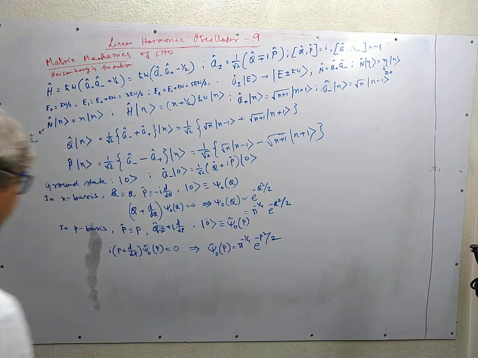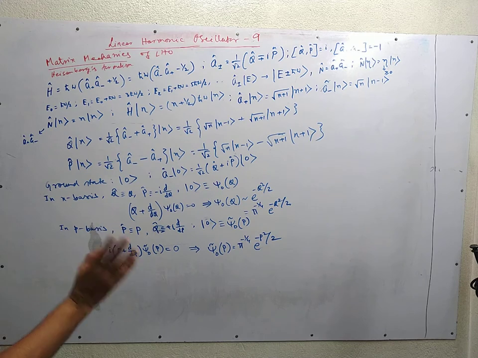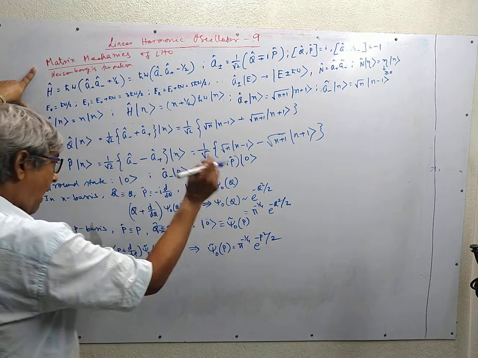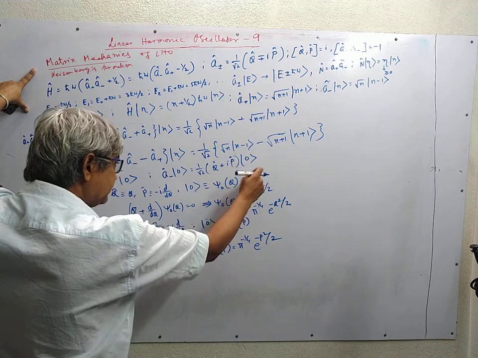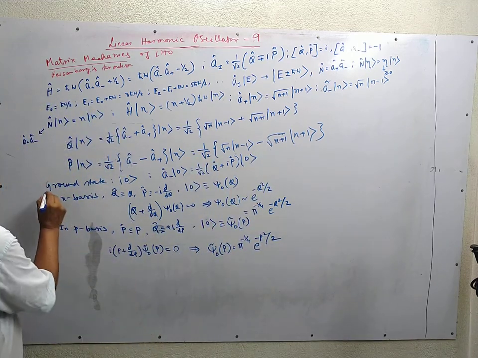This result we have obtained earlier using the Schrodinger picture. So we have reproduced the ground state in position basis as well as momentum basis. Note that we need not solve two different formalisms at the same time. The same formalism up to this point, the same equation, then the special case has been used. So the ground state problem is over.